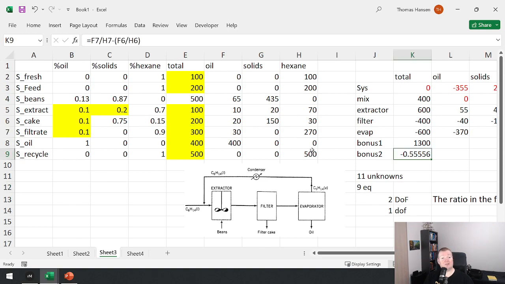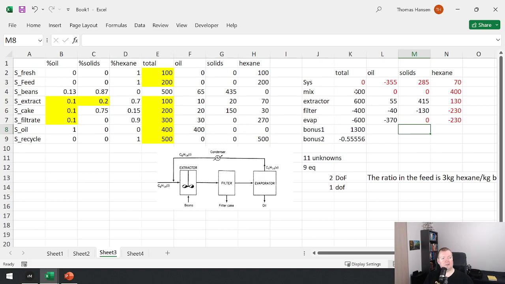That's just to avoid the error of dividing by 0. So now I have 2 bonus equations that hopefully gives me 11 unknowns, 11 equations, 0 degrees of freedom. I should be able to solve it using Solver.